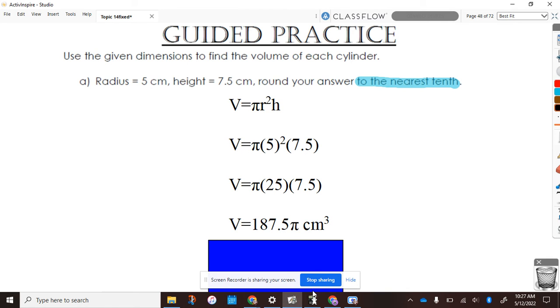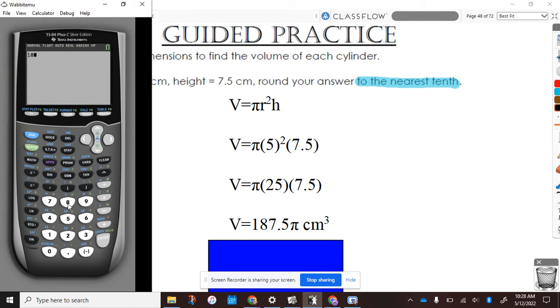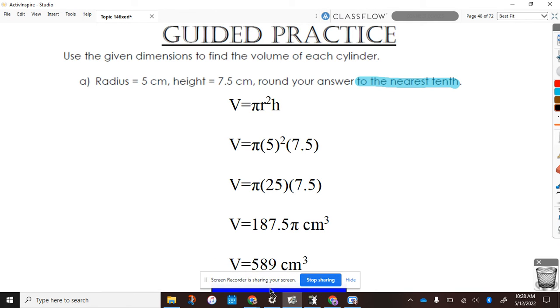So literally in the calculator, we're going to type in 187.5 times pi. And that's where we get our final answer. If we're rounding to the nearest tenth, that's going to round down and end up exactly at 589.0.